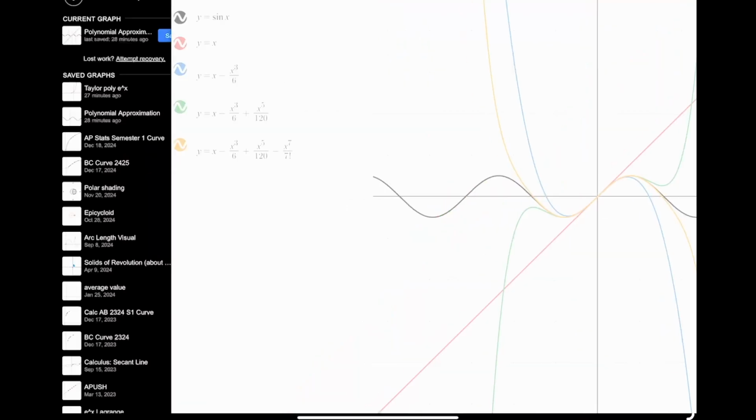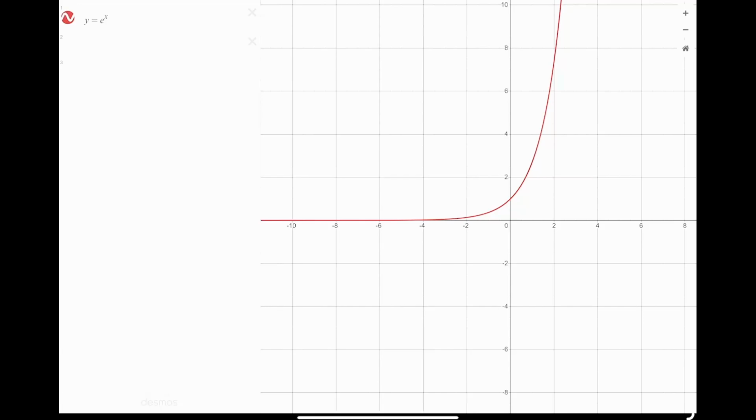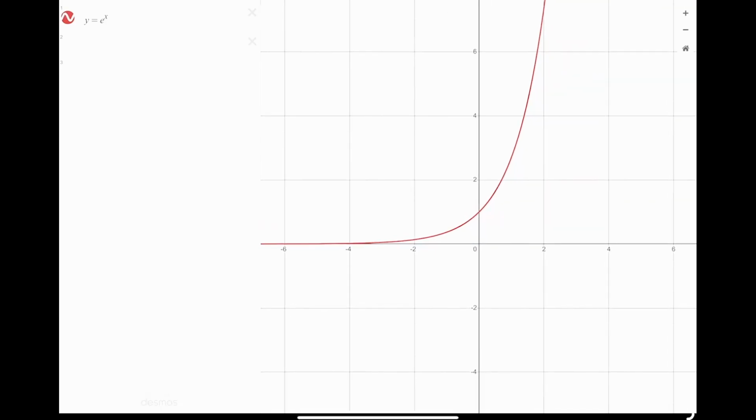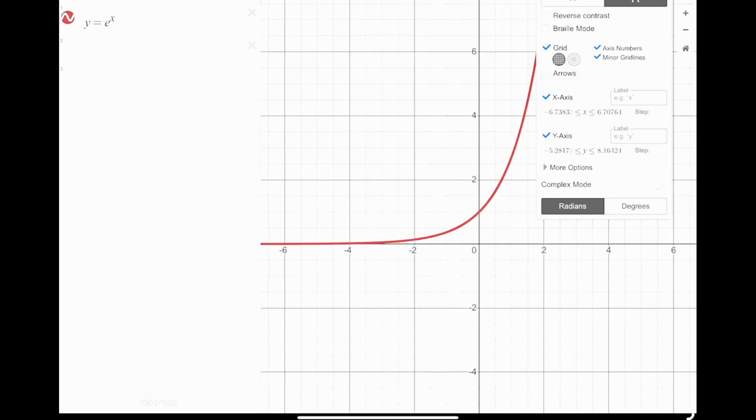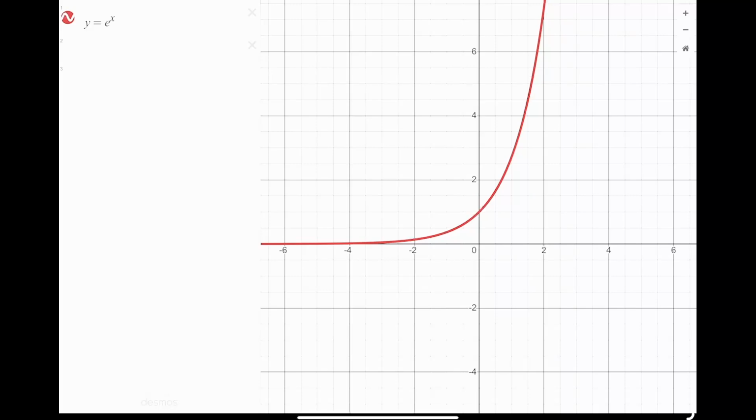And what I'll do here is switch this to a different function that's a little bit easier to handle, e to the x. Now, e to the x is a great function. E to the x is a function that's nice because the derivative is the same, the integral is the same. We can do some things pretty easily with it.